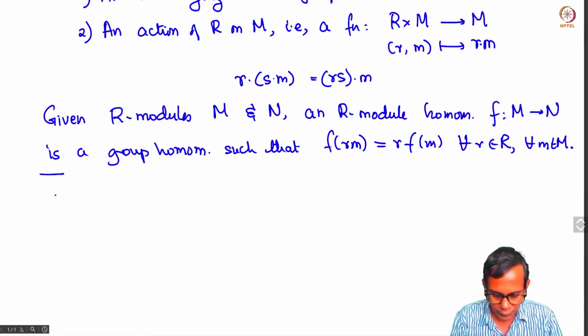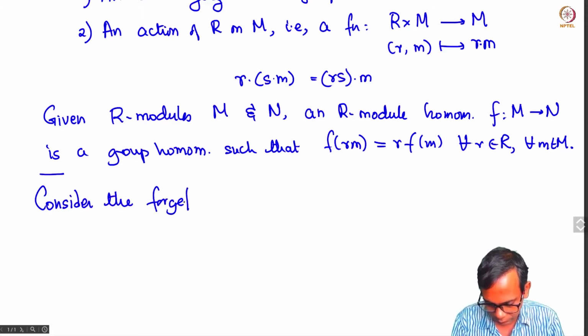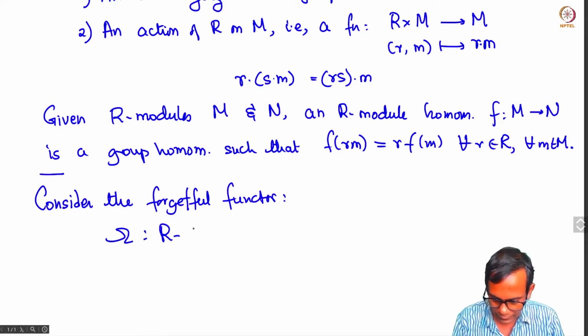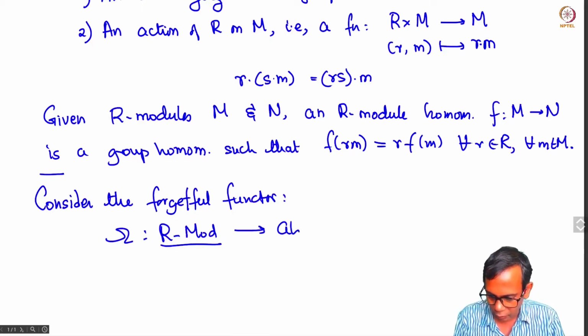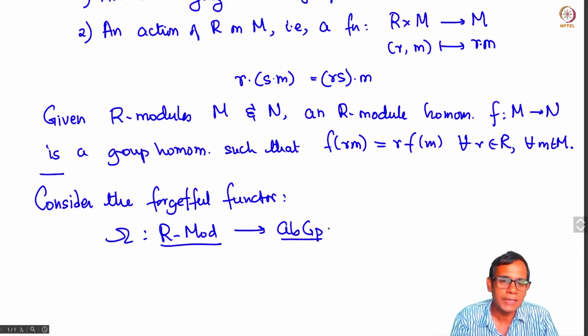Now there's a functor omega, the forgetful functor, which I'll denote omega from the category of R-modules to the category of abelian groups. So this category of abelian groups is the category whose objects are abelian groups and arrows are group homomorphisms.